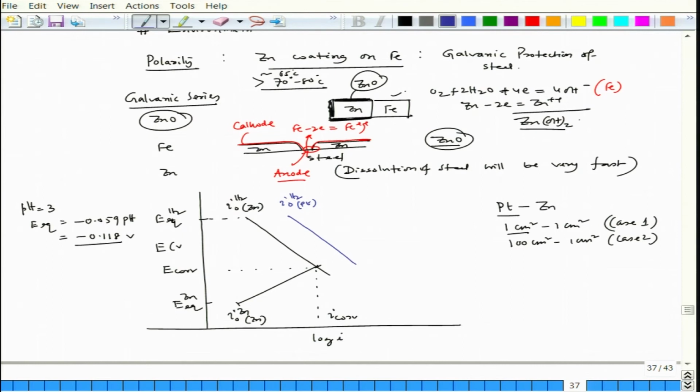So, the mixed potential would appear. We have to add this current and this current. So, it will continue like this, and then you extend this, you get this point. So, this is my E mix for the case of 1 centimeter square platinum and 1 centimeter square zinc. This is the situation, and the corrosion rate is this.